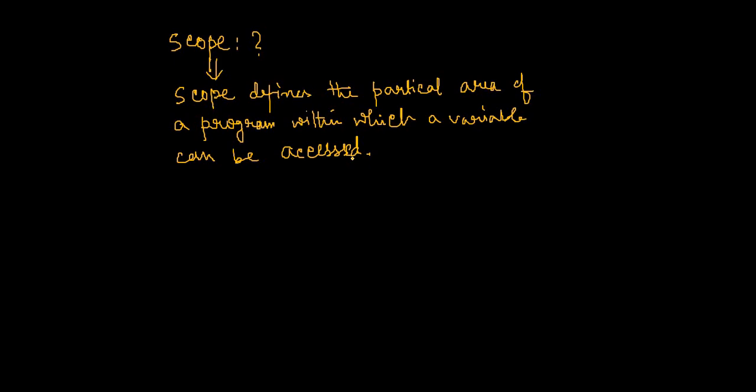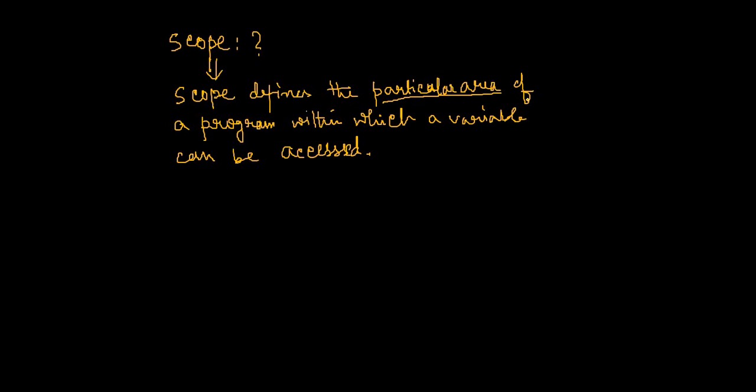So that means the scope of your nickname is only within your home. So the particular area that I have defined over here is nothing but your home in that case.